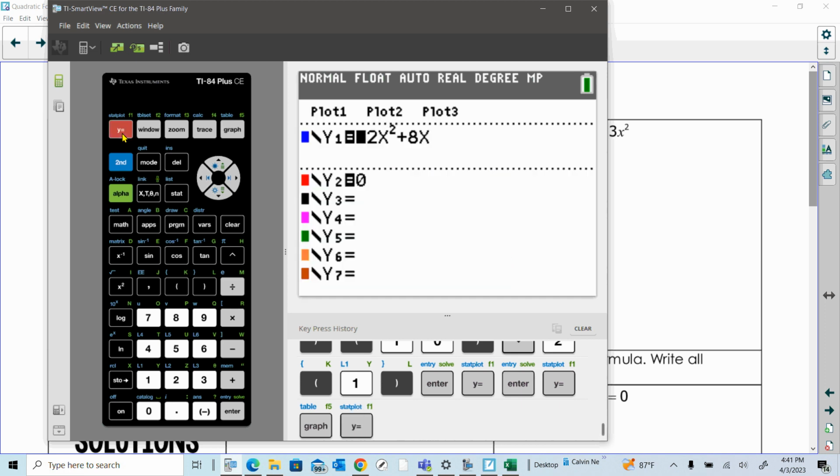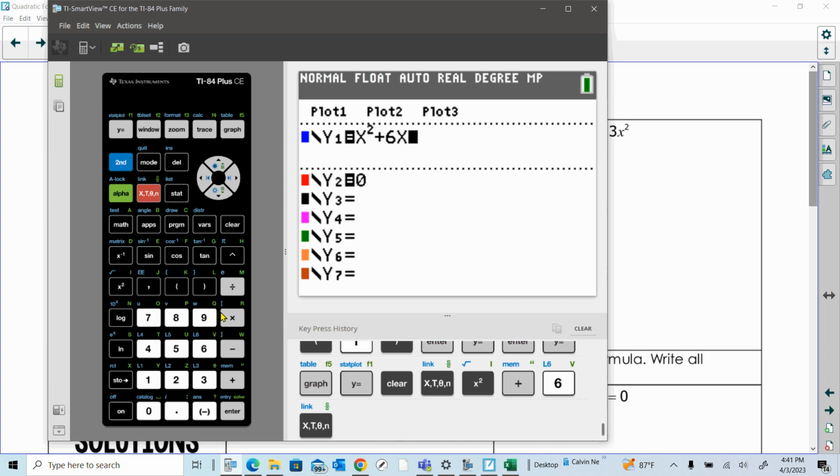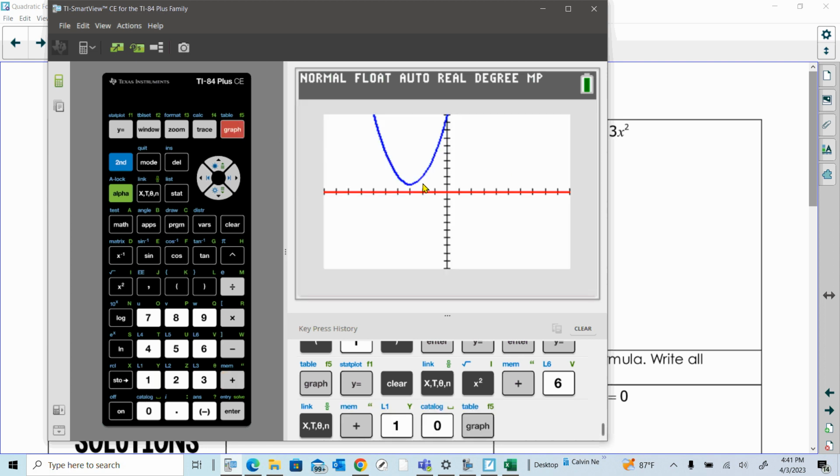Now the quadratic that we just did in standard form was, I'll clear this out, the x squared plus 6x, then plus 10. And if I look at that graph, this right here never touches the x-axis.